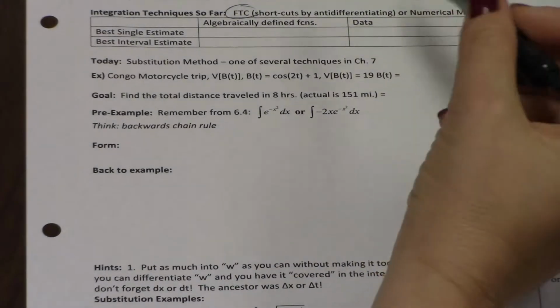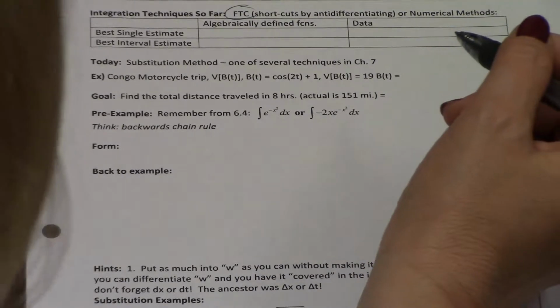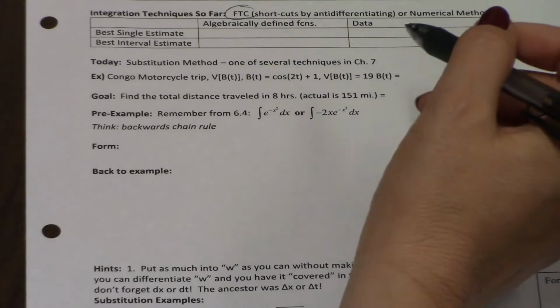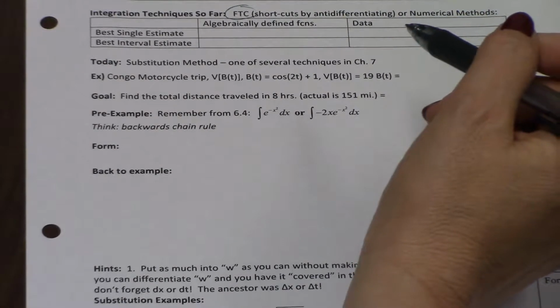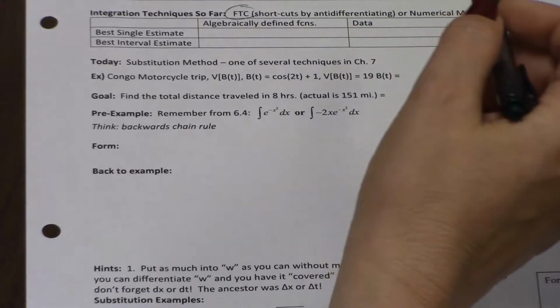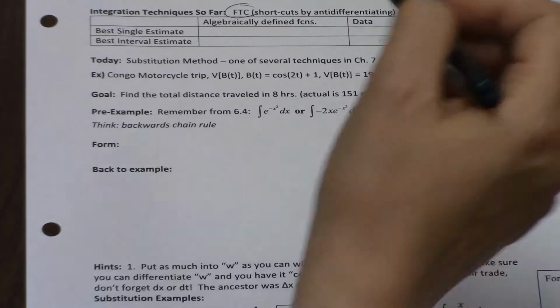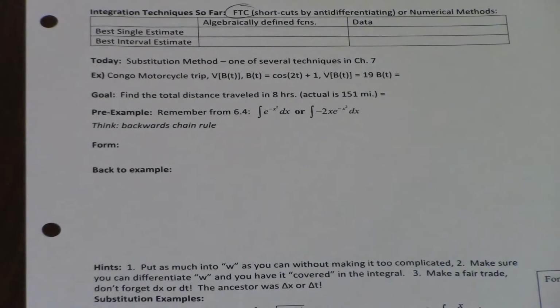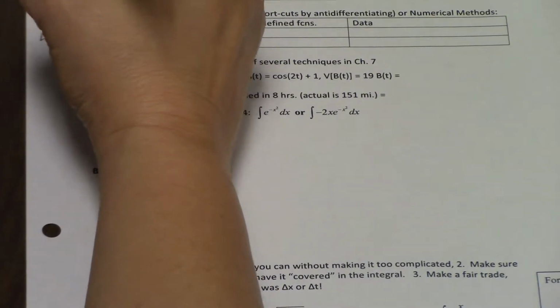And then the next column, think about functions that are given to us in a data form. When you worked with your groups and you collected your velocity data or other rate data, what was the best single estimate that you would use and what is your best interval estimate? I'll give you a moment to write those down and think about those, and I'll write them here to the side.